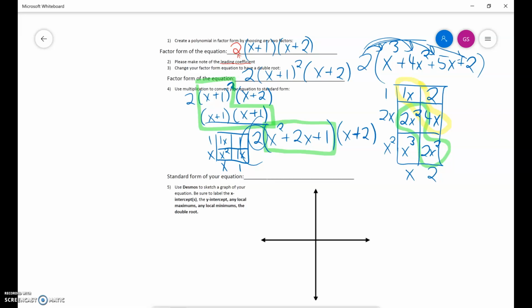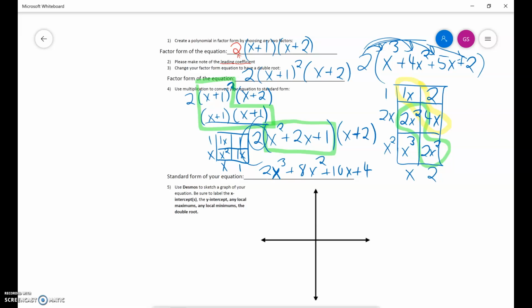So 2 times x cubed is 2x cubed. 2 times 4x squared is 8x squared. And 2 times 5x is 10x. And 2 times 2 is 4. Okay. All right, so there is my equation in standard form.